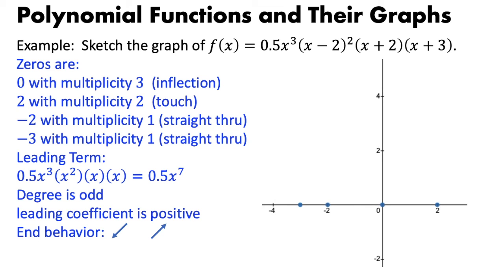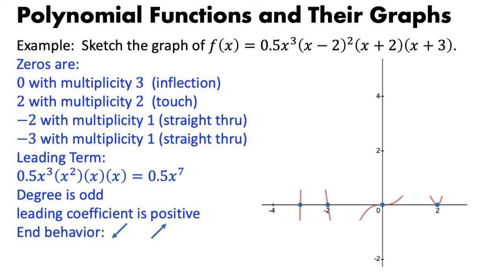So if we plot the x-intercepts or zeros on the plane, and given the end behavior and the multiplicity and how the graph behaves around those zeros, we can see that we will have a touch at 2, and since as x approaches infinity, y approaches infinity, the touch should be above the x-axis.